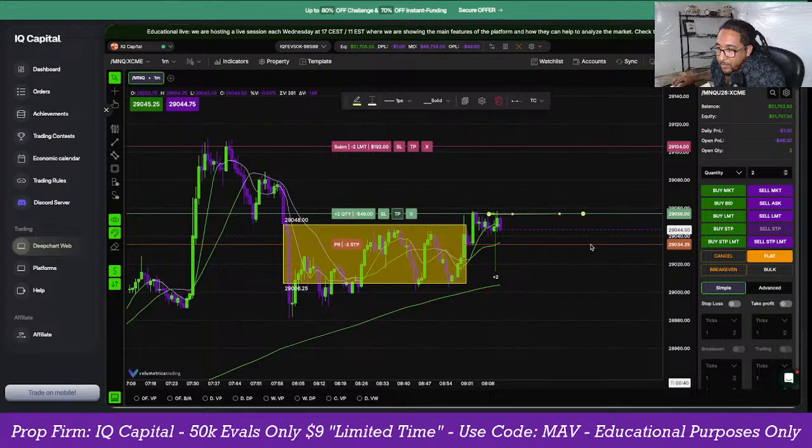I'll just put it here because if we inverse that fair value gap there, I don't want to stay in this trade. So that's what we'll do there.